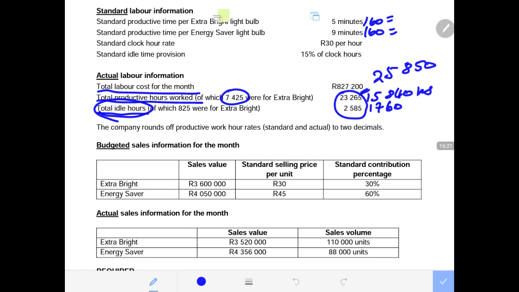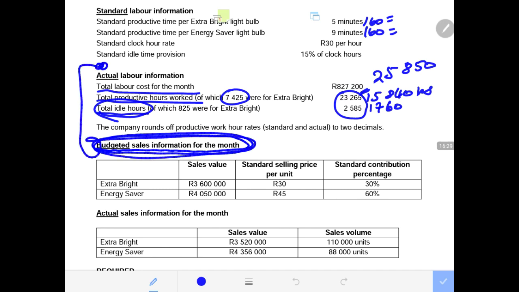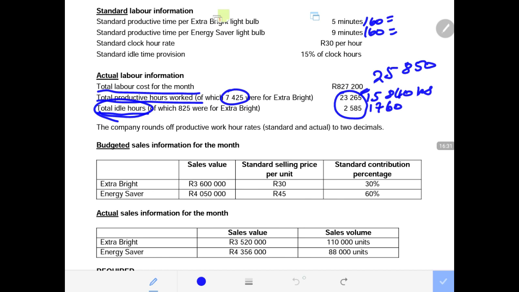Then we are given the budgeted sales for the month. Now remember, this is budgeted information, and normally this information comes after the standard information, but they preferred to give it to us after the actual labor hours. Some questions will have separate standard information together with the budget information, but now we have this budgeted sales that were given for the month.